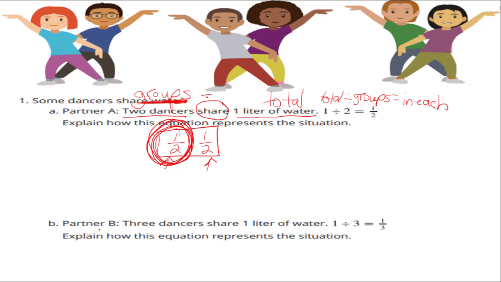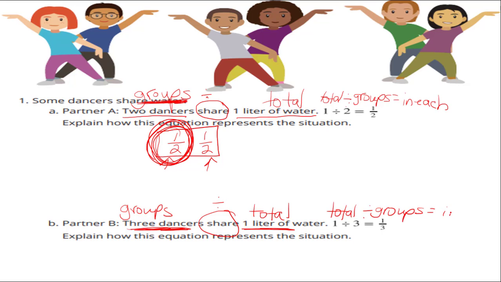Okay, partner B says that there are 3 dancers and they're going to share, which means divide, 1 liter of water. 3 dancers are my groups. My liter of water is my total. So we have total first for division. Total divided by groups equals in each.